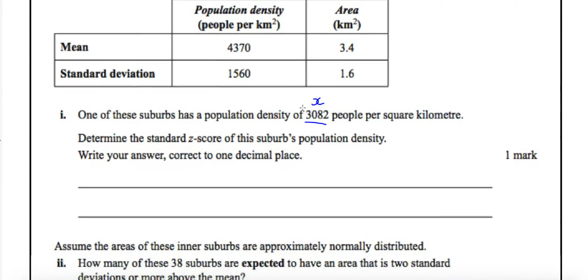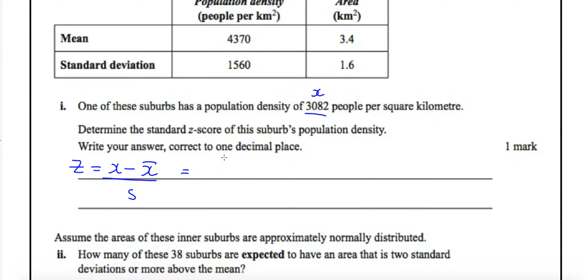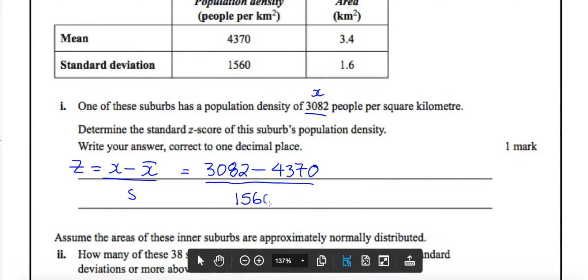Okay, so determine the z-score. Z equals x minus mean over s. We want to take the x value, which is the data value that's given. We want to subtract the mean, which is 4370. You'll see that we're going to get a negative here, divided by the standard deviation.